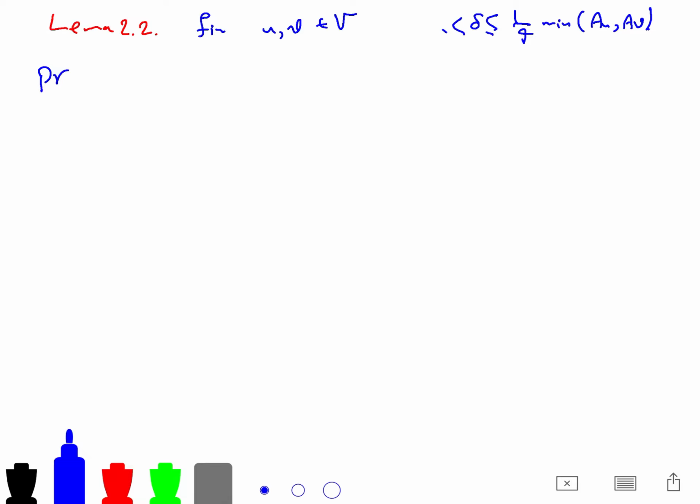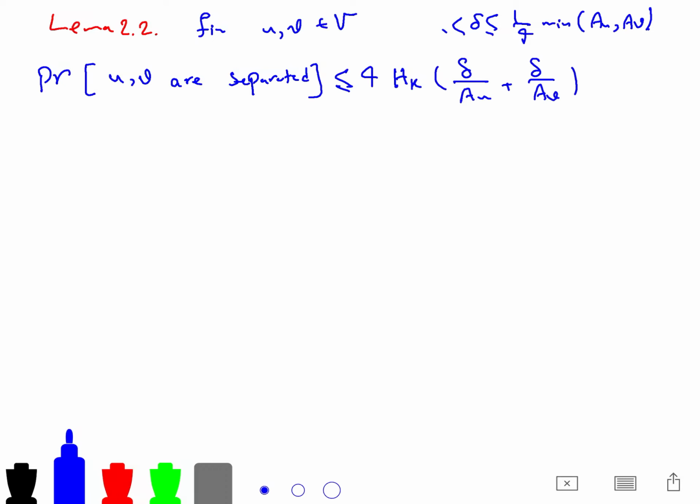Because as I said, the important thing is to reduce the probability that U and V are separated. So this lemma says that the probability that U and V are separated is less than or equal to 4 HK, that's the harmonic number, times delta AU plus delta AV.